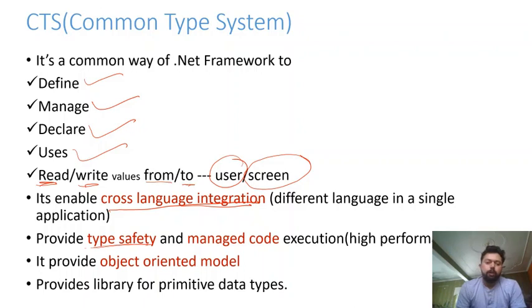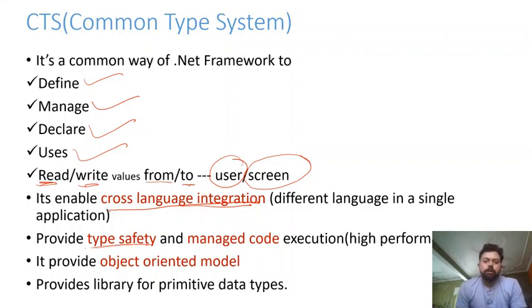It provides an object-oriented model. As you know, the .NET Framework provides the object-oriented model, because C# and VB are integrated with the .NET Framework. These are object-oriented programming languages, right?